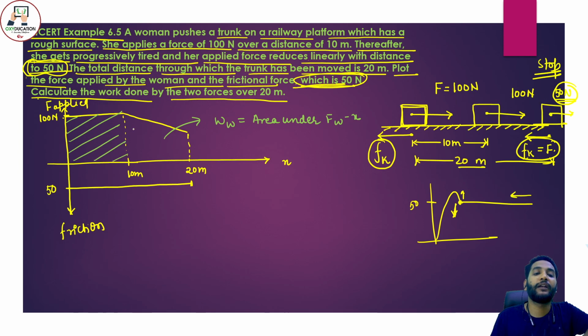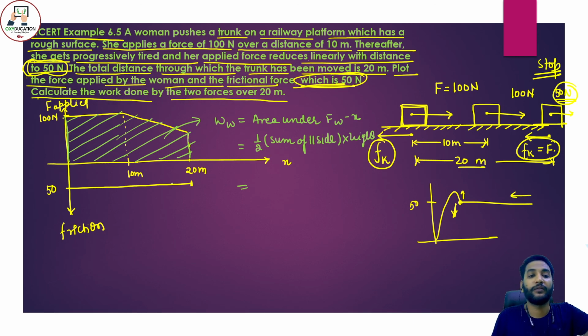You can calculate by using trapezium formula. ठीक है? So that is what? Half of sum of parallel side into height. तो हाउ मेनी पैरेलल साइड्स आर देयर? 1 and 2.